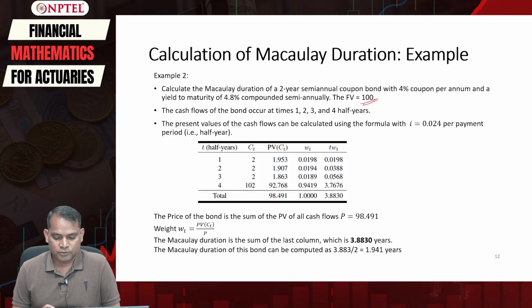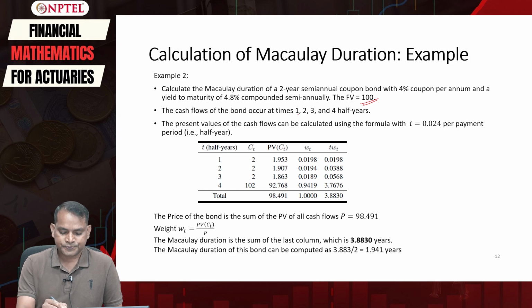Therefore we can compute the cash flow of the bond that occurs every half year. So we will have 1, 2, 3, and 4 half years. It is a 2 year, semi-annual coupon bond, and therefore every year you are paying the coupon 2 times, so we will have 1, 2, 3, 4 half years.